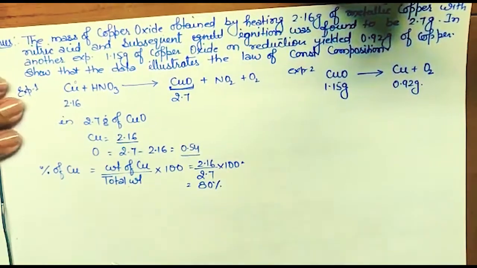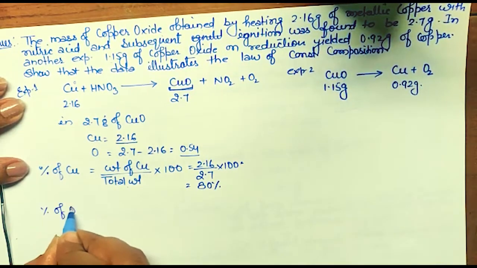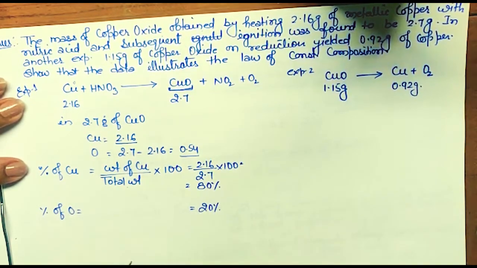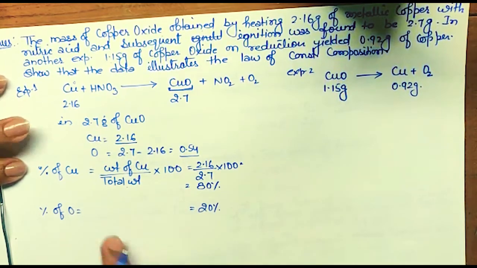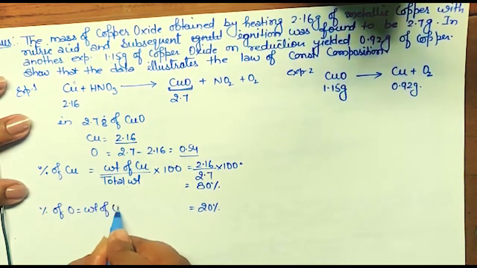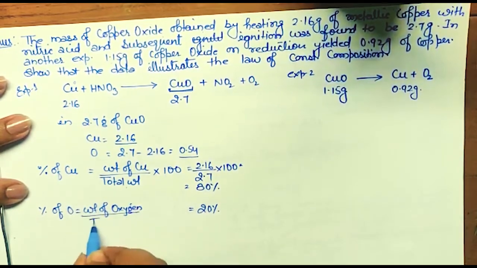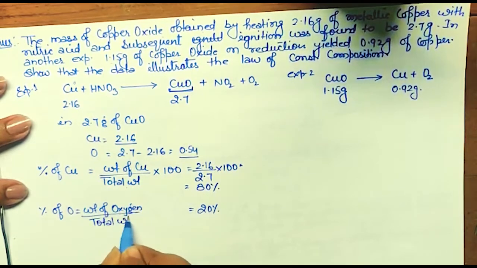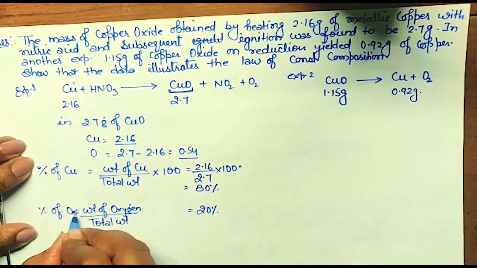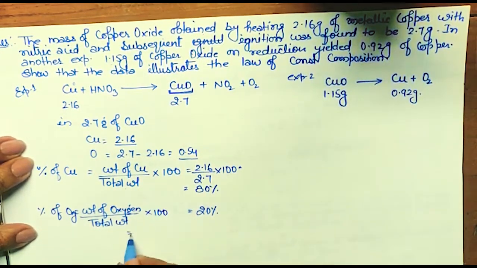Okay. Similarly, if this is 80%, then obviously the percentage of oxygen will be 20%, isn't it? And if you have to find it, then you will use the same formula: the weight of oxygen upon total weight into 100, and put in the values.